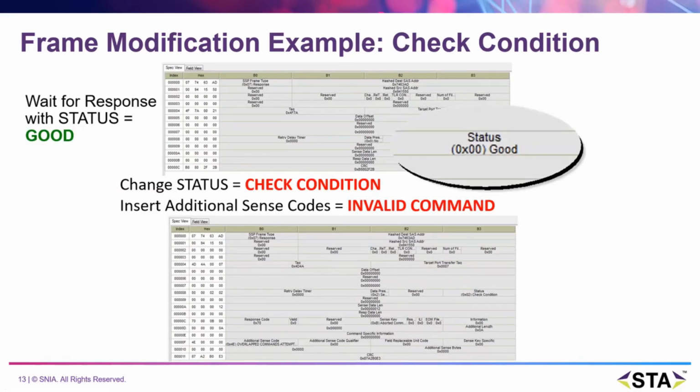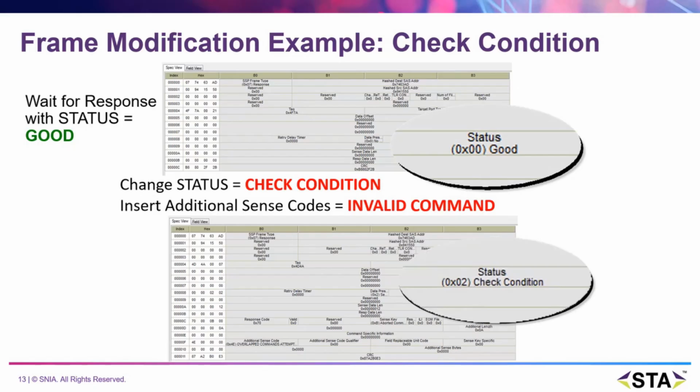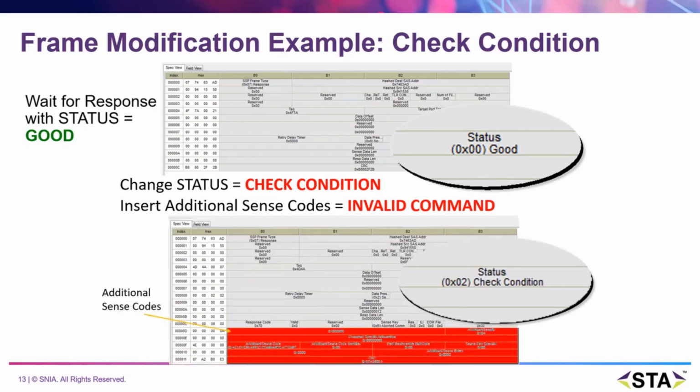Building on that concept, this example demonstrates how a jammer can be used to intercept and modify a valid SSP response, transforming it into a check condition with a specific error type, such as an invalid command, and a custom additional sense code and qualifier. For instance, we can simulate an abort task scenario with an ASCQ of overlapped command.